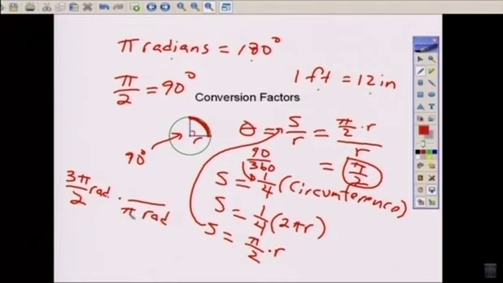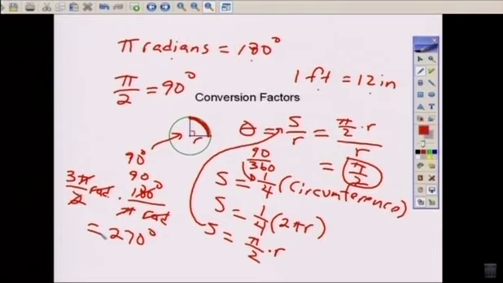So pi radians, and I'm going to put my 180 degrees on top. The radians will essentially cancel here, and the pi's will also cancel. 2 cancels into 180 to yield 90, and we are left with 270 degrees.